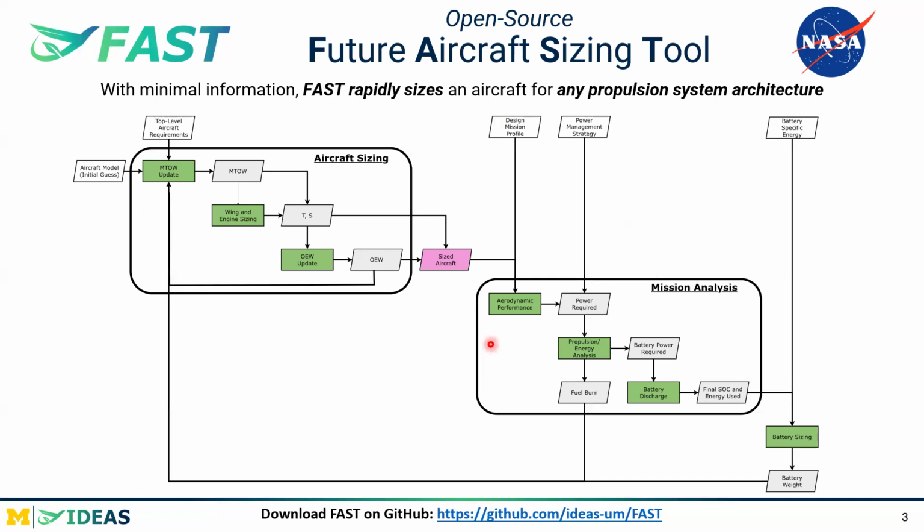If you are providing a propulsion architecture that is electrified, you'll also have to provide us with a power management strategy, which describes how the electrified portions of the powertrain are used as a function of the flight segments. This process will iterate until the design converges, giving you a sized aircraft that you can then visualize, look at the weight breakdown, or explore the mission history with.